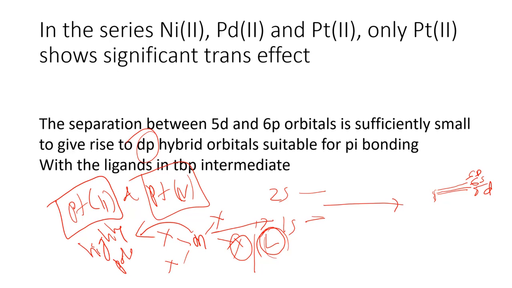M should be highly polarizable. Highly polarizable means it should have less charge and comparatively large radius.